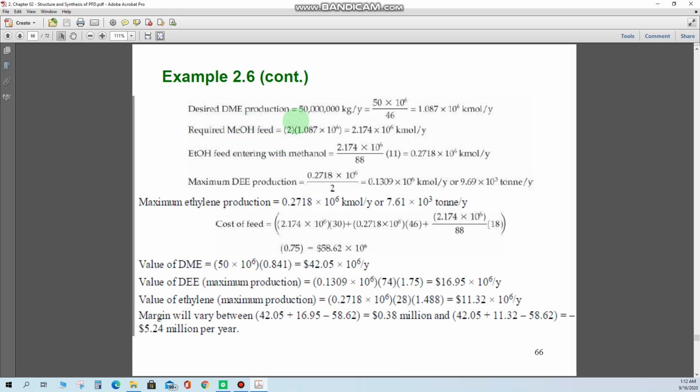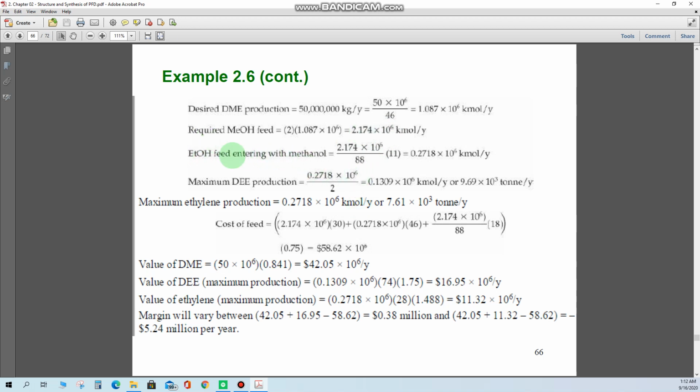Now, if each mole of dimethyl ether required 2 moles of methanol, so the annual required methanol feed would be 2.174 into 10 raised to the power 6 kmols per year. Similarly, we see the methanol and ethanol in the comparison, and we have seen that the methanol in the mixed feed is 88%.